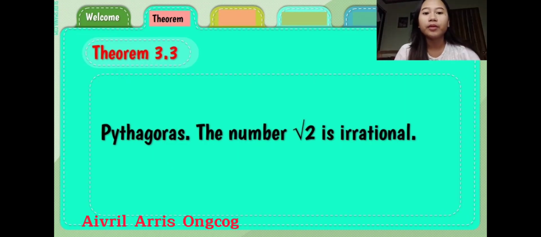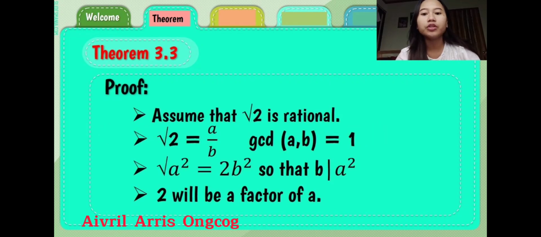Moving forward with Theorem 3.3, Pythagoras, where the number square root of 2 is irrational. Here's our proof. If we want to prove that the square root of 2 is irrational, then the negation is to assume that the square root of 2 is rational. Then the square root of 2 equals a over b, or the square root of 2 could be expressed as a fraction where a and b are positive integers, because 2 is positive, with GCD of a and b equals 1.